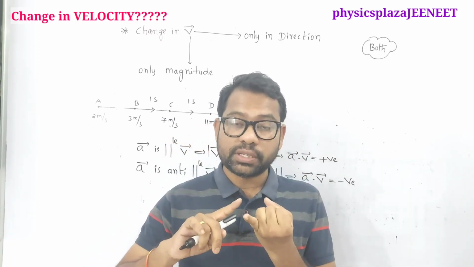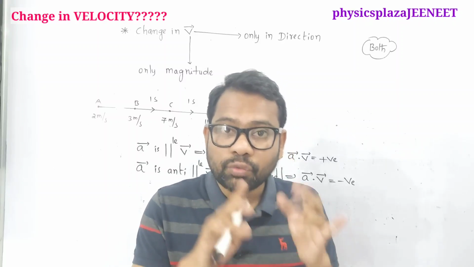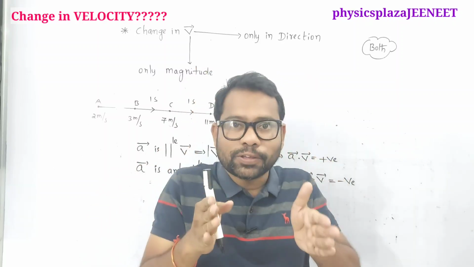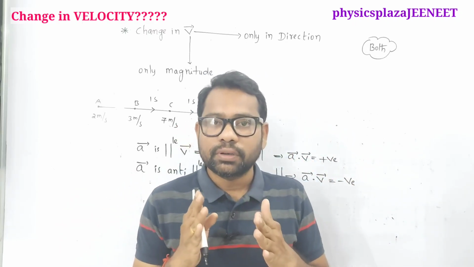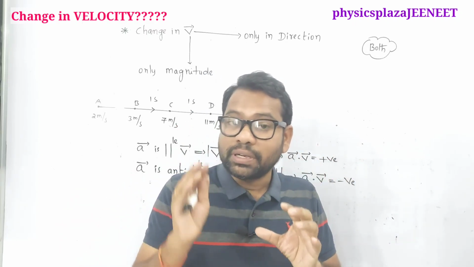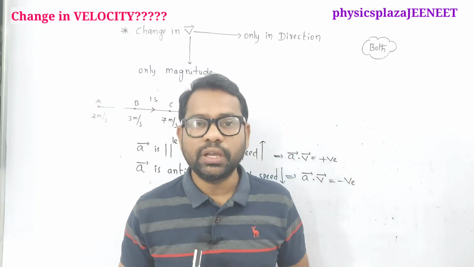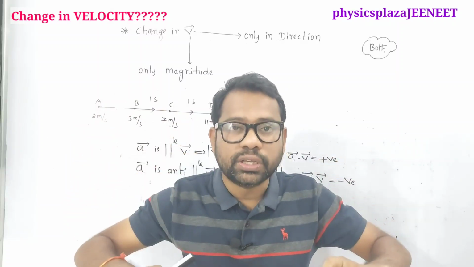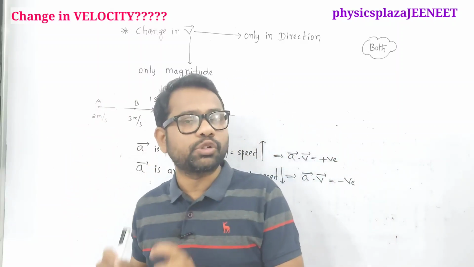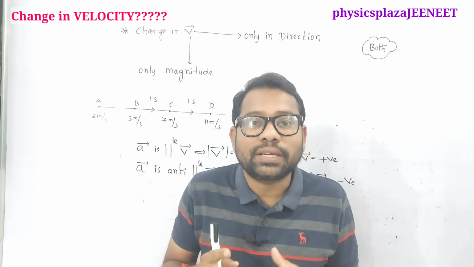The change might be in the magnitude of velocity, which is equivalent to the speed, I mean change in speed. Second, the magnitude is not changed but the direction of velocity changes. Then also it is accelerated motion. Even both can change, the magnitude and the direction of the velocity. That also can be accelerated motion. Children, a body can get acceleration.